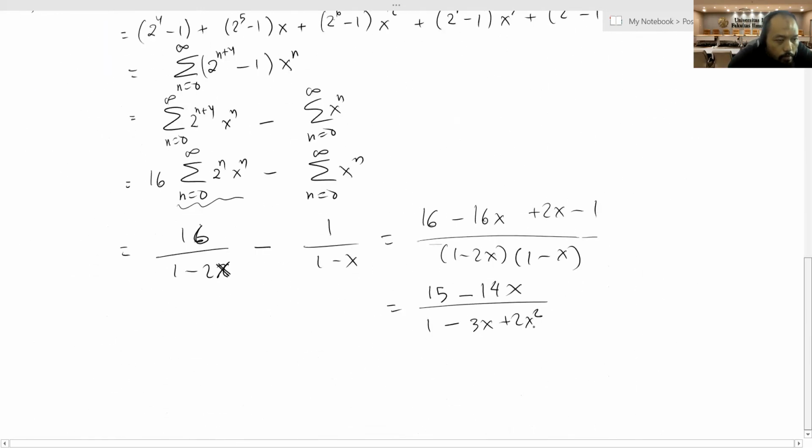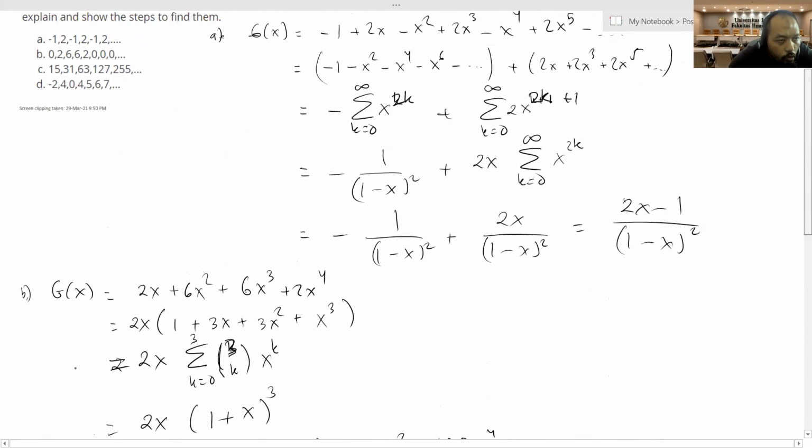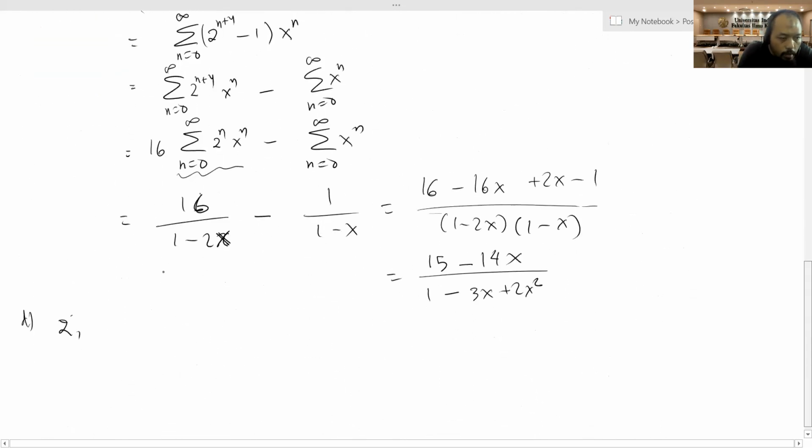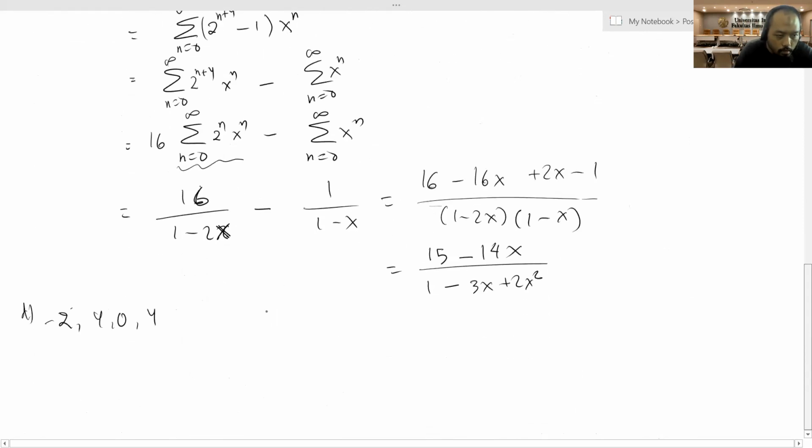Now part D is this one. So let's see. The sequence is minus 2, sorry, 2. Let me start. So it's minus 2, 4, 0, and then 4, 5, 6, 7. So we could write this down in two parts.